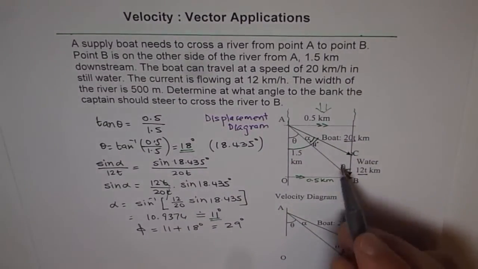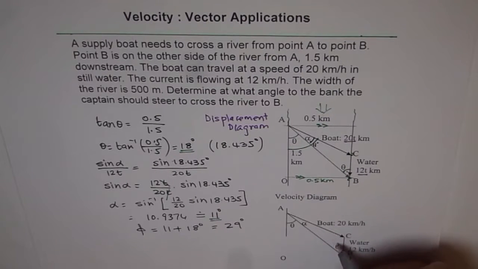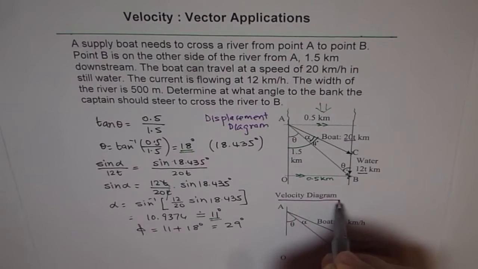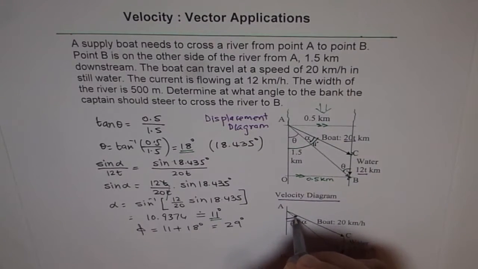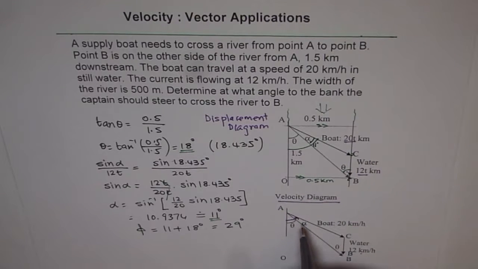Now here I have repeated the same diagram just to show you that it is exactly the same, and I'm calling this velocity diagram. So AC here is shown by 20 kilometers per hour. Do you see that? And water velocity, river velocity, is 12 kilometers per hour. Angles are exactly the same. Do you see that? And therefore we'll get the same answer, that the boat is steered at an angle of 29 degrees with the bank, right?